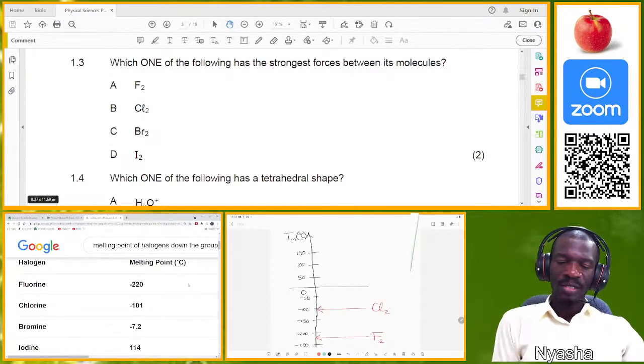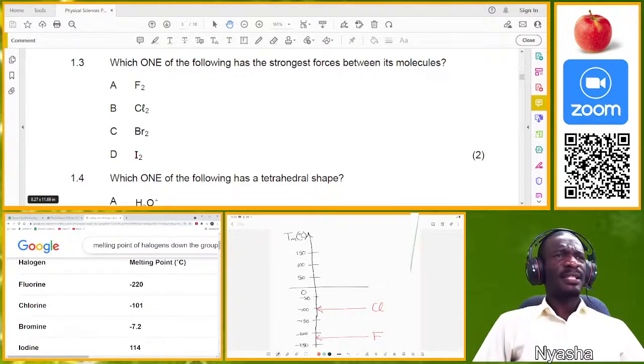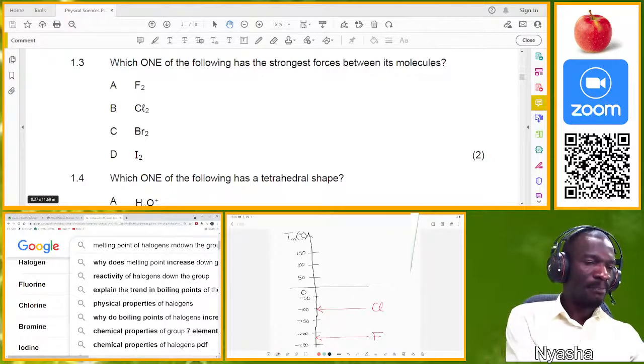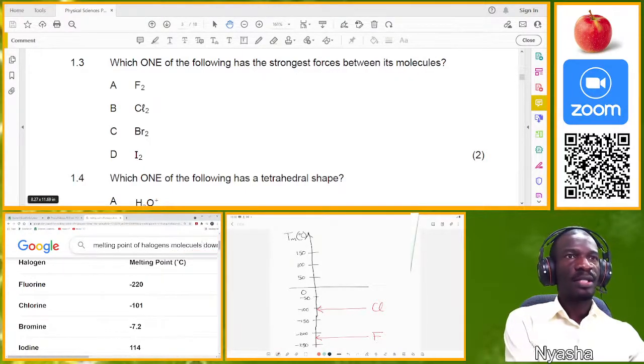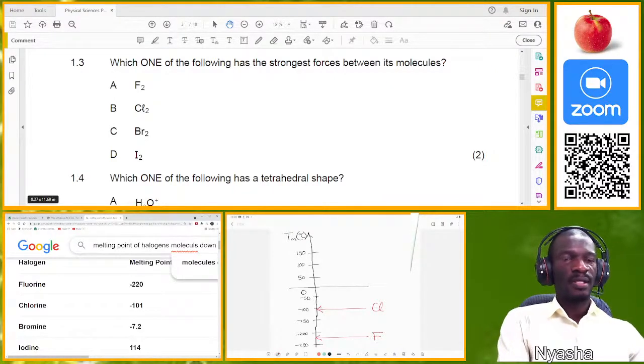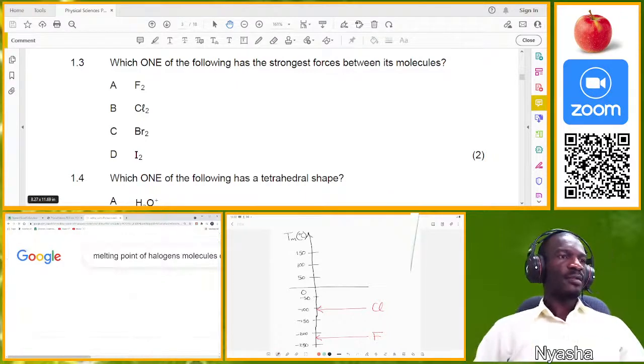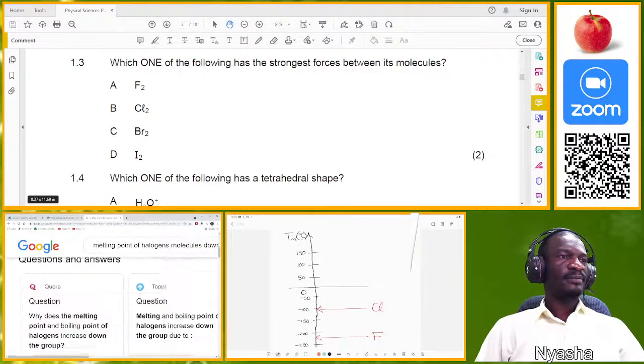Then let me put the elements rather, because they are written as elements. Let's have the next one. Rather, let's actually have halogen molecules, so that the values will make sense.